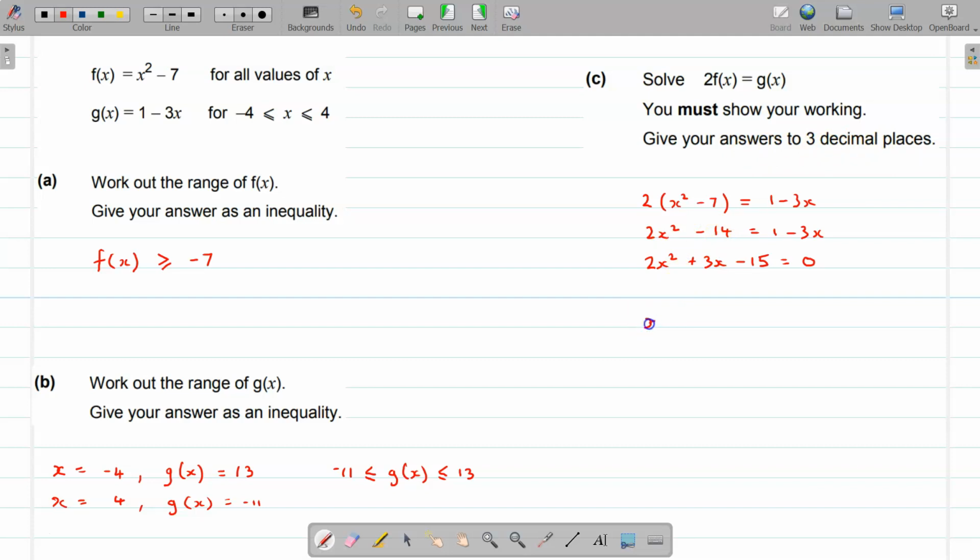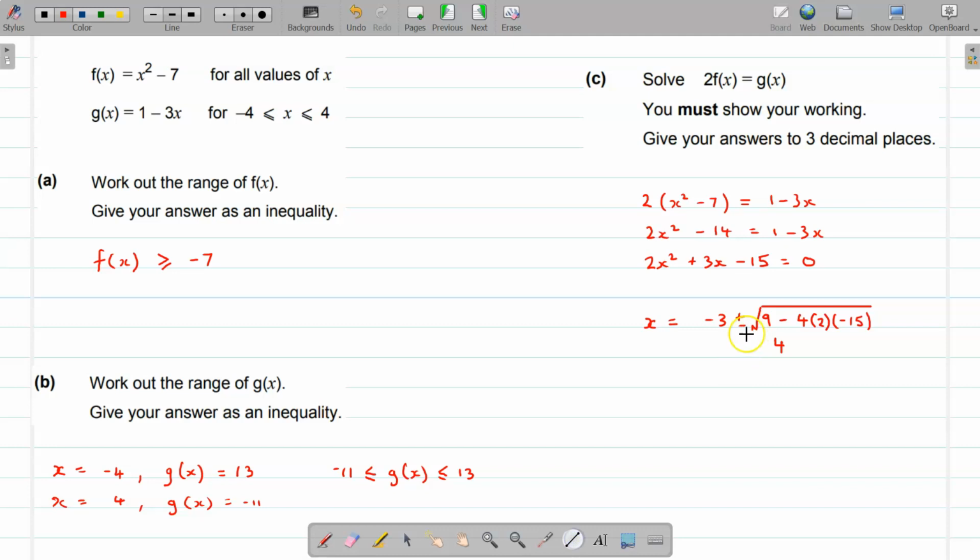And when we do, we get x equals minus 3 plus or minus the square root of b squared, which is 9, minus 4 times 2 times negative 15, and all of that is over 2 lots of 2, which is 4.